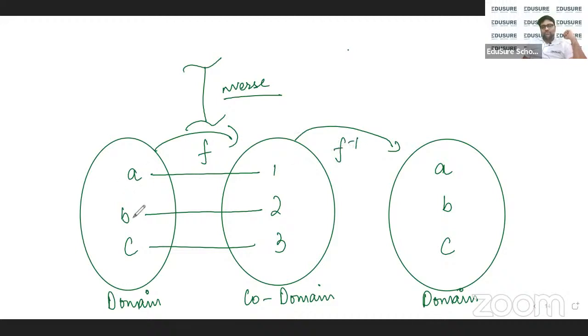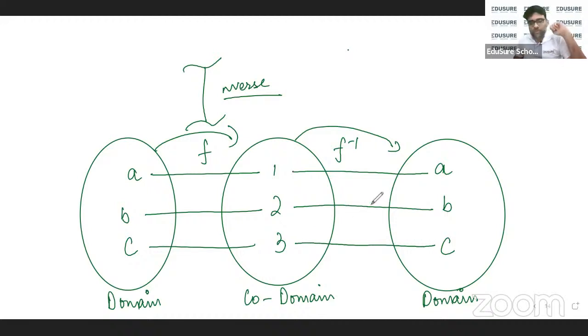So if A was going to 1, B was going to 2, C was going to 3, 1 is going back to A, 2 is going back to B, 3 is going back to C. So this is inverse in short.